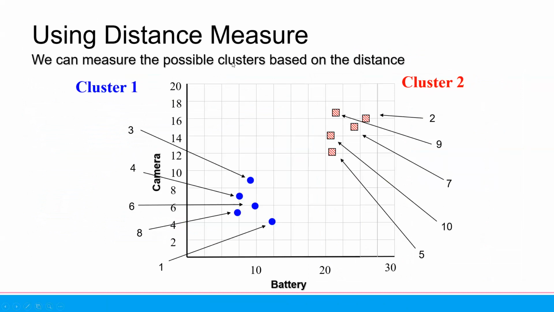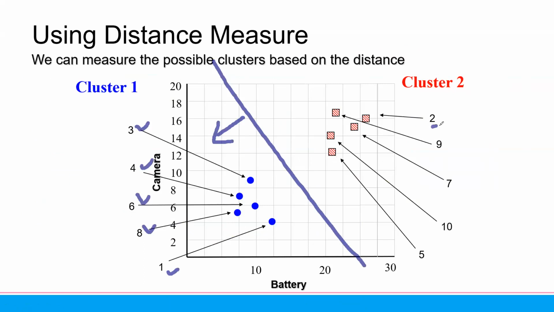I can use the distance measures, or maybe I can plot like this. After I plot this, maybe I can separate like this. This is data number 1, data number 3, 4, 6, and 8, which are below at some point.